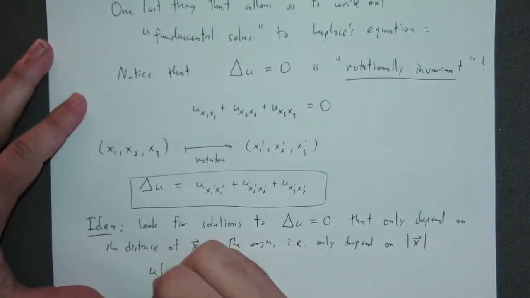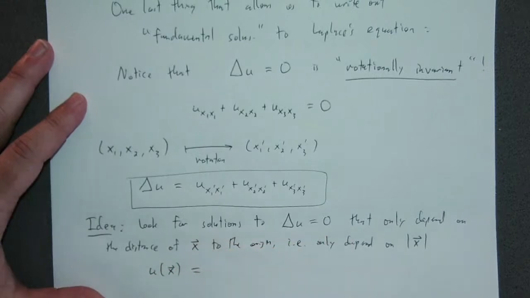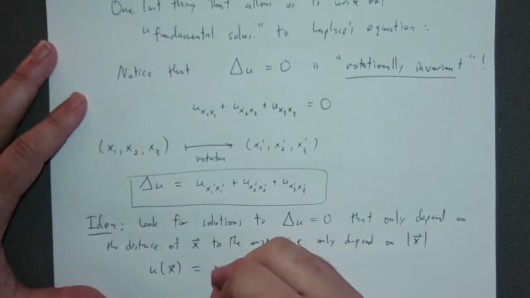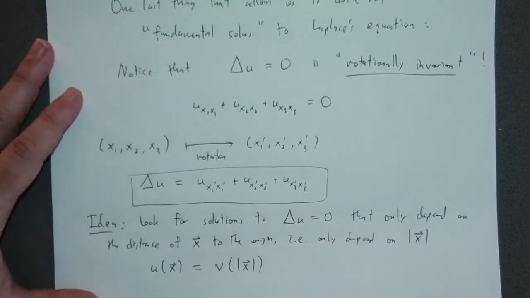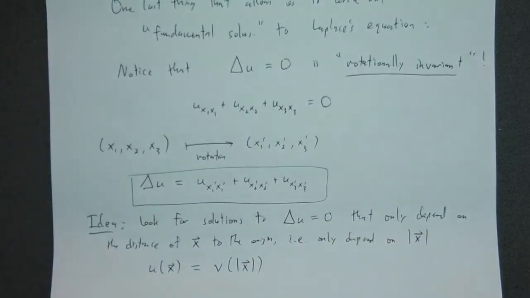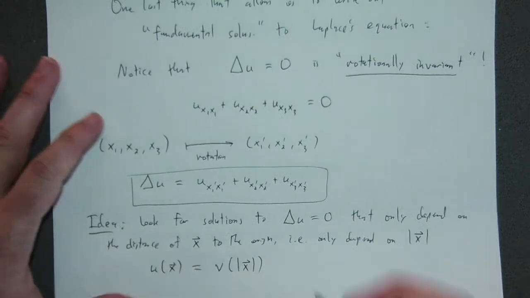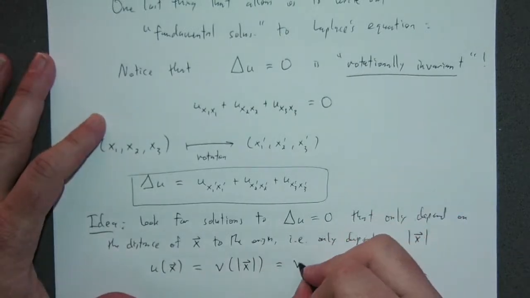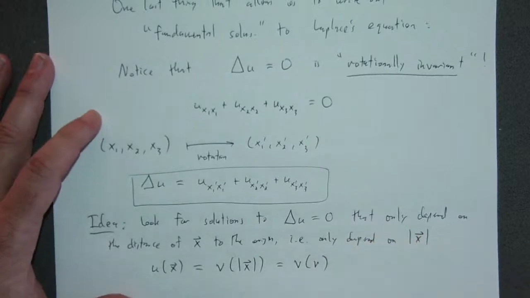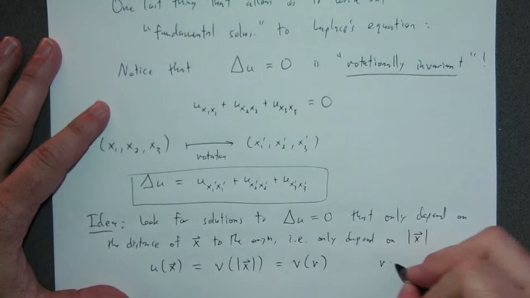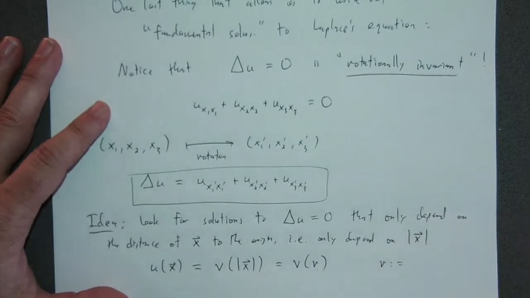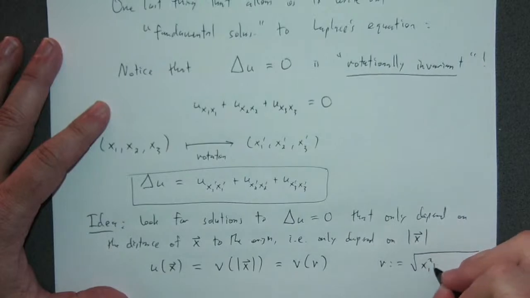So your u of x is actually going to be a function, we'll call it v, that only depends on the length of x, which is some r for fixed radius r, where r is defined to be the square root of the sum of the squares, x1 squared plus x2 squared and so on.